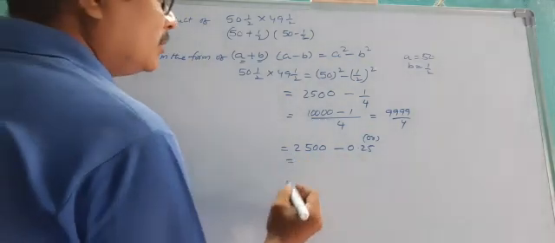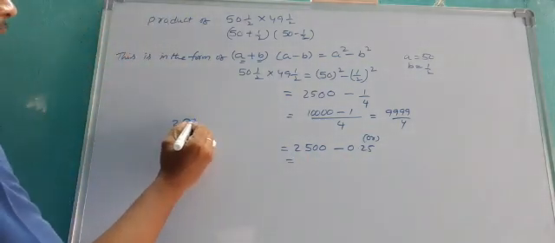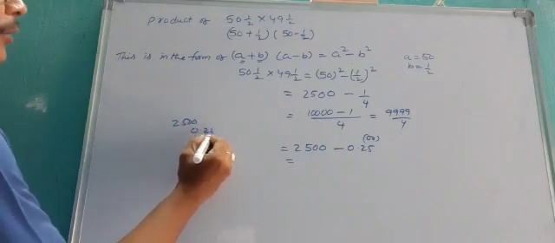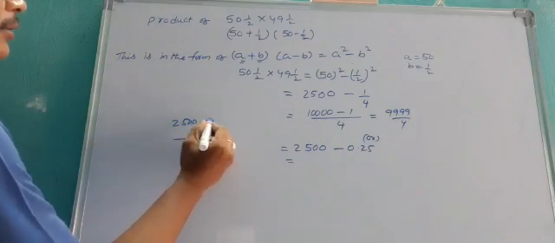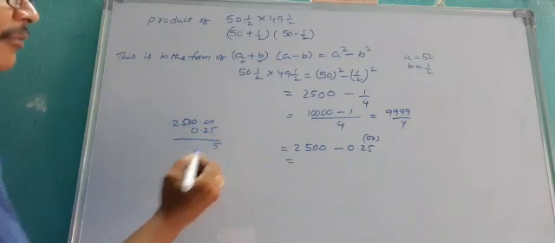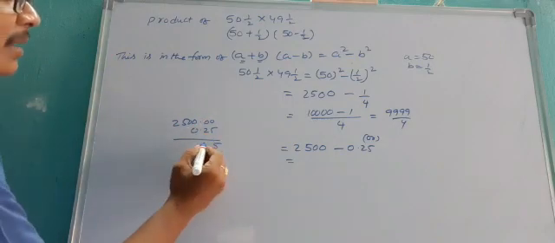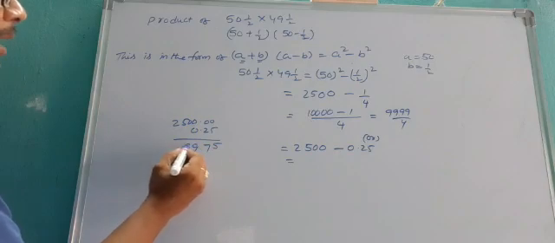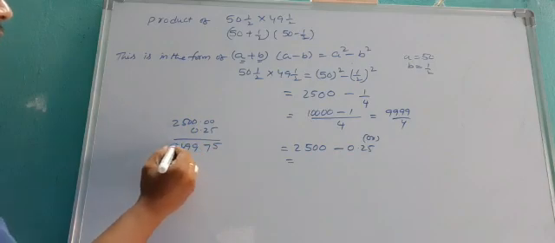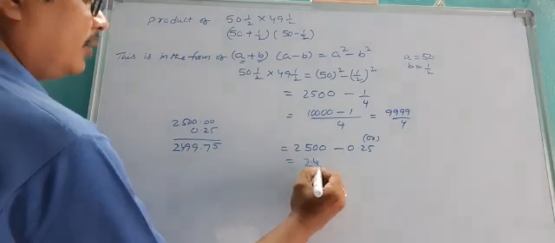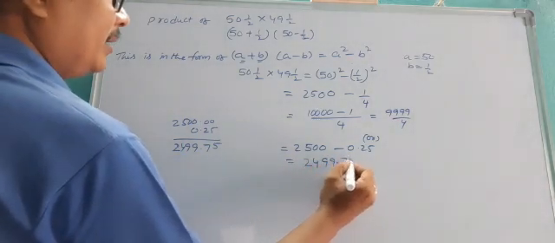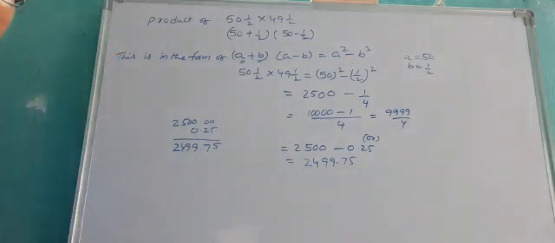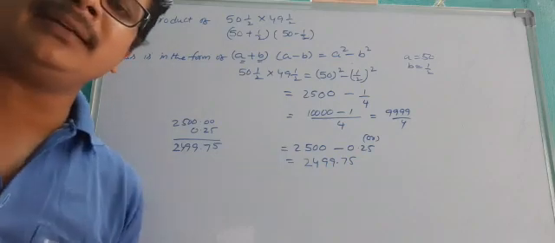So 2500 minus 0.25. If you take 2 zeros, 10 minus 5, 5, and 9 is there, 9 minus 2, 7, and 9 is there, and 9 is there, 4, 2. So that equals 2499.75. You write any one of the answers, that is right.